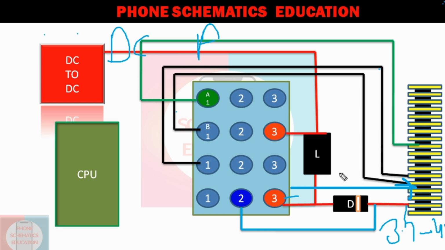That doesn't mean this light circuit is okay. If you get 3.7 to 4 volt here, that confirms this line is connected properly, because you will see this value on the connector.